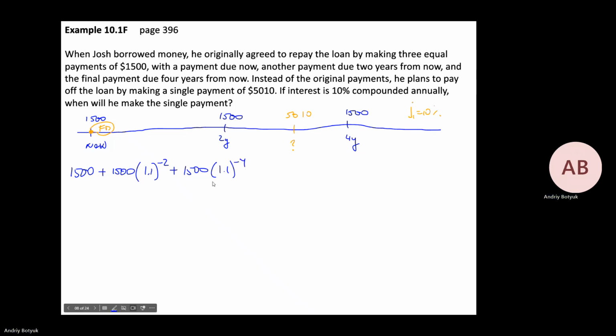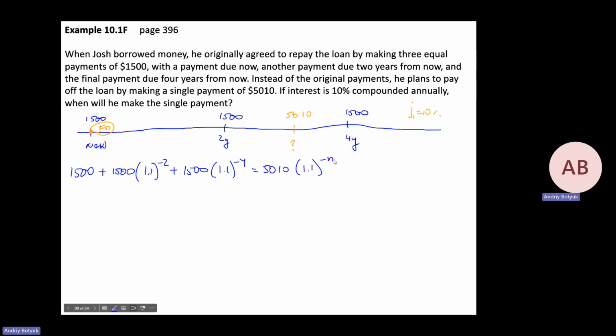Good? You have the same? Equals 5,010 times 1.1 to the negative n. So n.